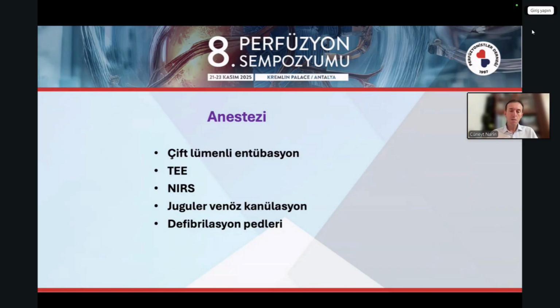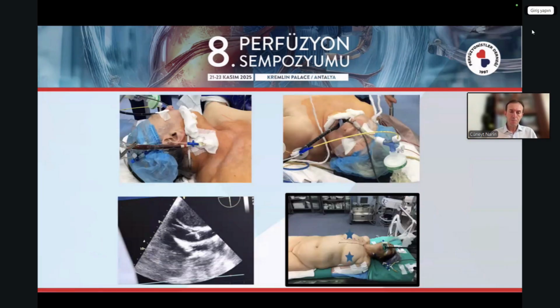Sol üstte gördüğünüz üzere jugüler venöz kanülasyonu yerleştirilmiş, anestezi tarafından yerleştirilmiş bir hasta. Keza sağ üstteki fotoğrafta da hem transözofajiyel eko probunu görmekteyiz, oral yoldan yerleştirilen.